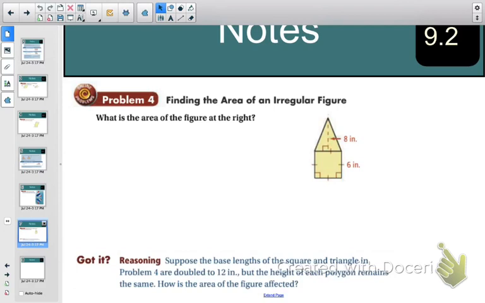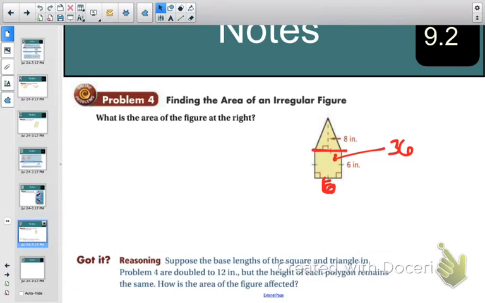Okay, finding the area of an irregular figure. So we've got this composite figure here. We have a square and a triangle. So the area of the square is just going to be 6 by 6. That's definitely a 6. So the area of that square is going to be 6 times 6, which is 36. And the area of this triangle, well, we know that our base right here is 6, because that's the side of the square.